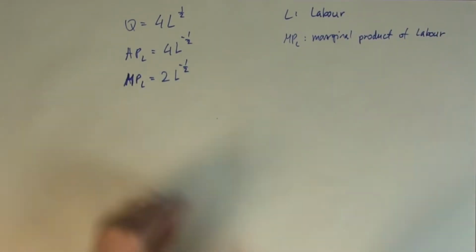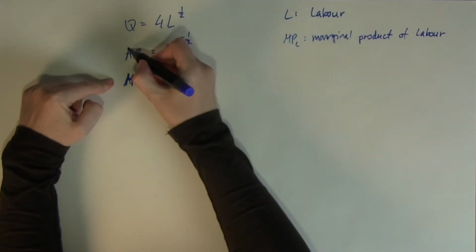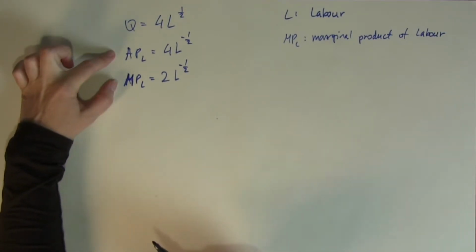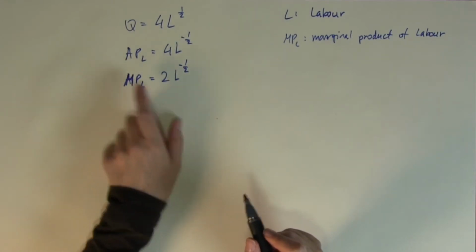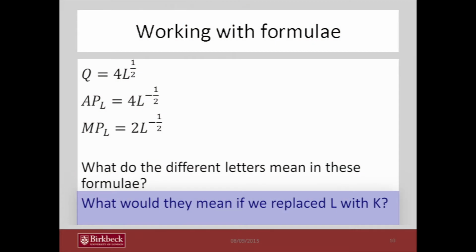So it's important that you know the difference between these two letter combinations because they have different concepts. Therefore, the calculations that you have to carry out to find these particular formulae will be different for different demand functions. So there is one more question that I put here: what would they mean if we replaced L with K?